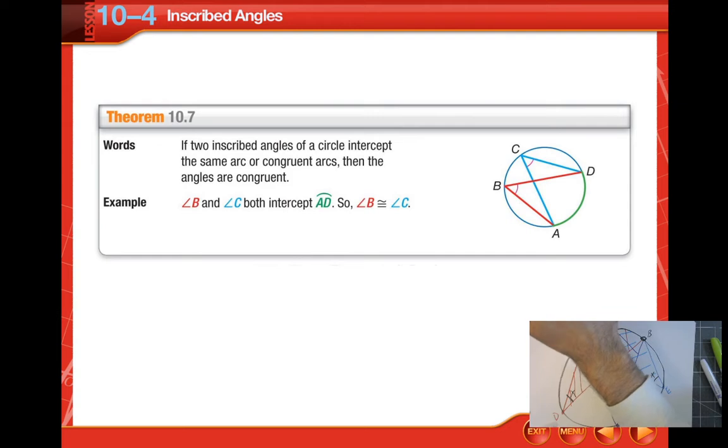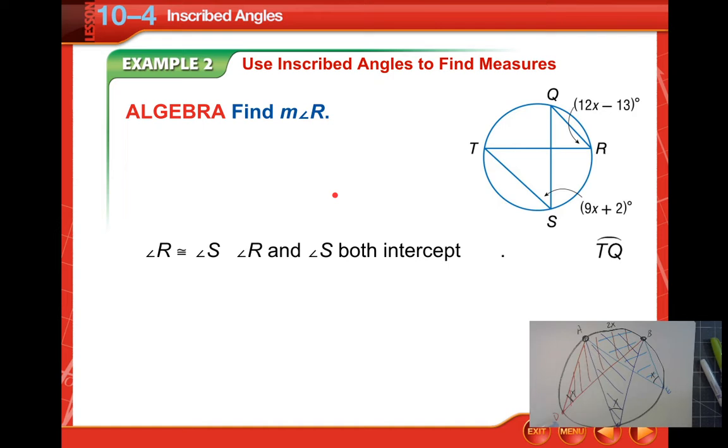In this case, A and D are ends of the little spotlight, if you will. So we have something like this. We have finding the measure of R is 12x minus 13. We have S to be 9x plus 2. This one's a little tougher to see where the spotlight is and where it's pointing at.